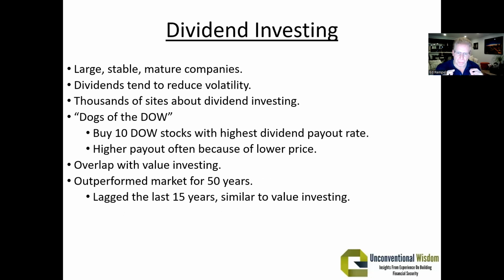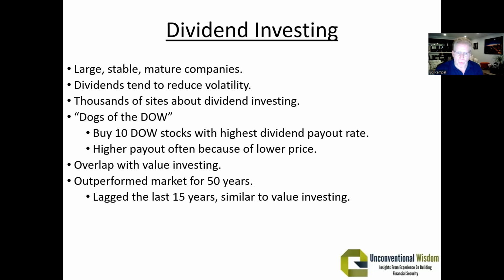Instead of having a company that makes 8% a year over time, you're getting a company that grows by 5% a year and pays you 3% a year. And a bit of it is a bit more steady. So now there's literally thousands of sites out there for dividend investing. So, for the amateur investor, the two most common investment methods are index investing and dividend investing. Those are the two that you see a lot.